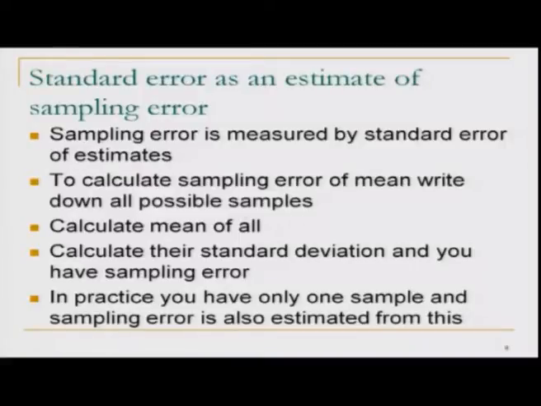To calculate the sampling error of the mean, for understanding purposes, write down all possible samples, calculate the mean of all the samples, calculate their standard deviation, and you have the sampling error. The standard deviation of the sample mean for all possible values of the sample mean will be called the standard error of the sample mean.